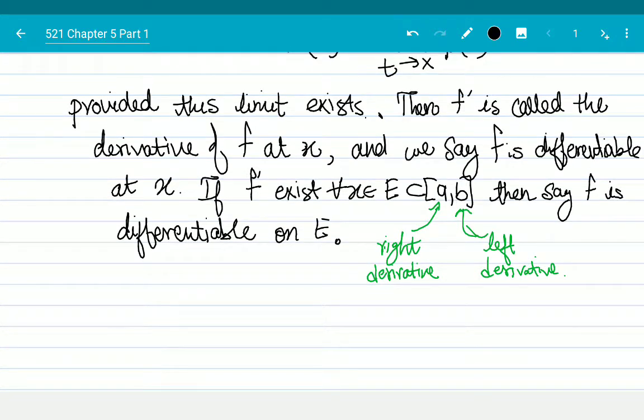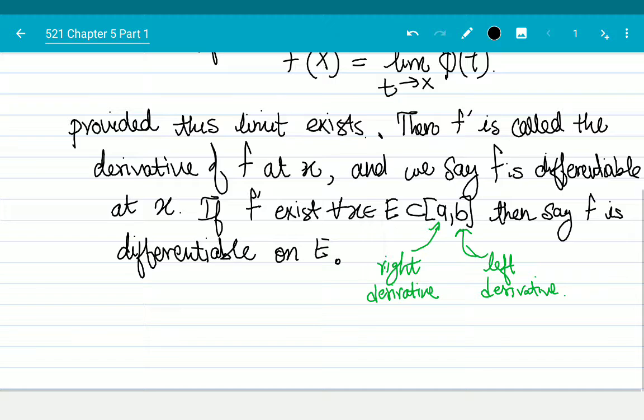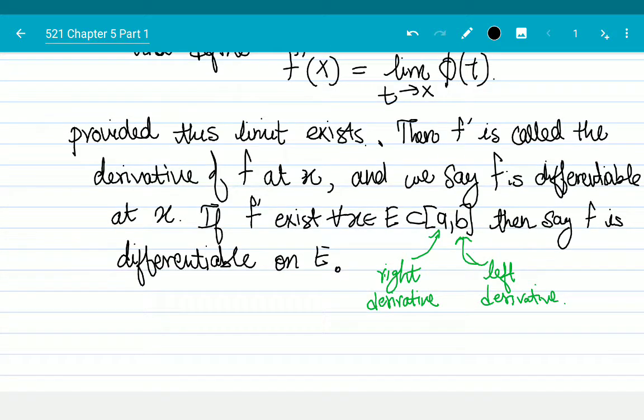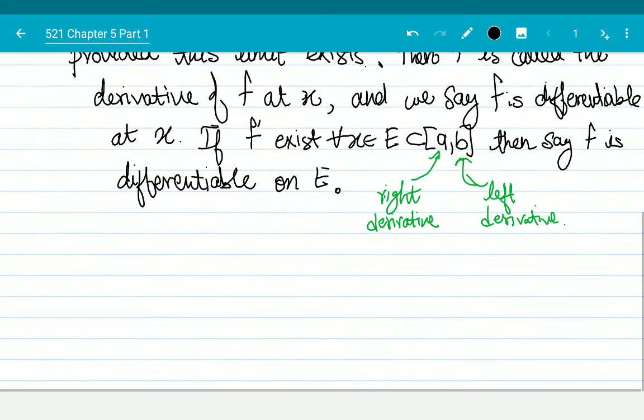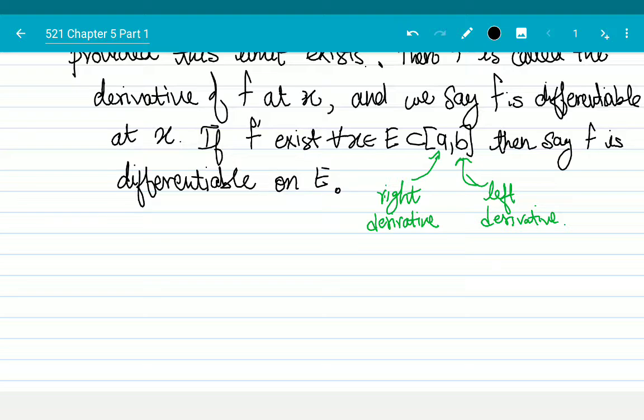However, in general, they are not said to exist, because the proper definition is that the total limit has to exist, and the limit does not exist for a and b, right? The function is only defined on the interval. It's not defined on anything left and right of a and b.